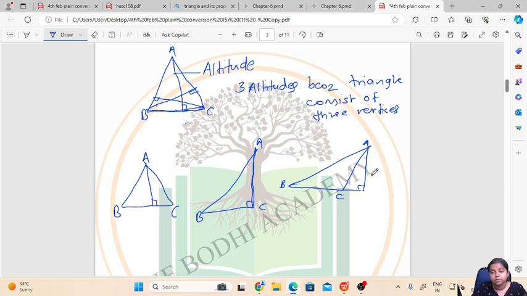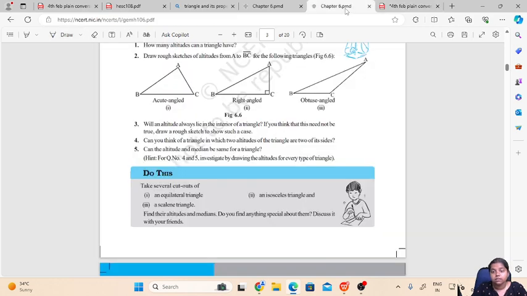Exteriorly it is present. So what will the answer? No, an altitude does not always lie in the interior of a triangle. An example is the obtuse angle triangle.